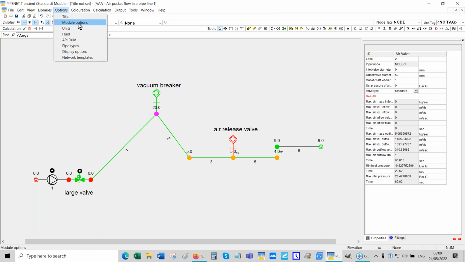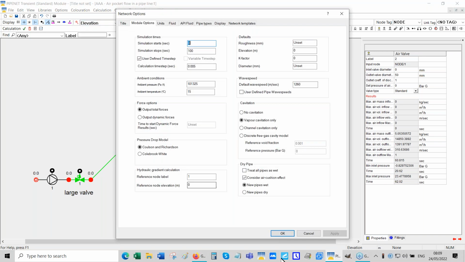Options, module options. And we have this option here. If you, for example, have a dry deluge system, you may want to check this radio button because you would want all the pipes in the deluge system to be dry.